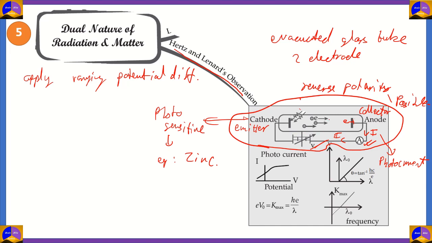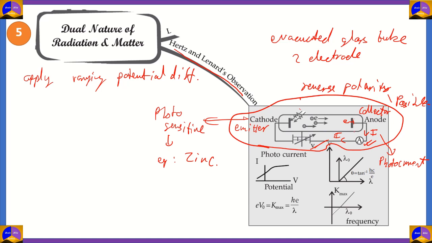However, this process does not happen only when there is a cathode and an anode. Since the electrons themselves have energy, this phenomenon also works when the emitter is an anode and the collector is a cathode. That means when the polarity is reversed, the photoelectric effect also takes place. But the emitted electrons are usually repelled by the collector here.